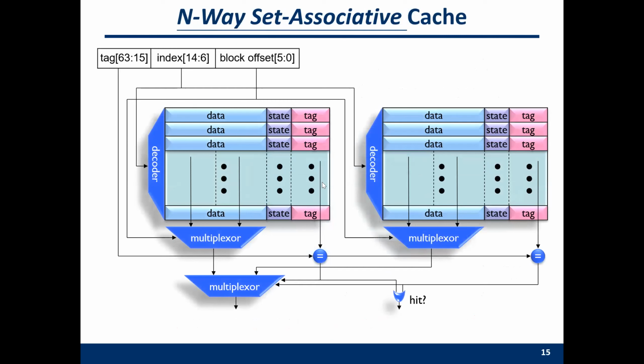For the two-way set associative cache, because you have two ways, you actually divide the entire cache into 2 parts. Each part is also a direct mapped cache. So two-way indicates you have 2 direct mapped caches.